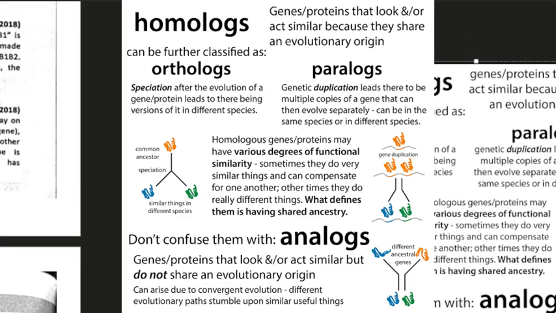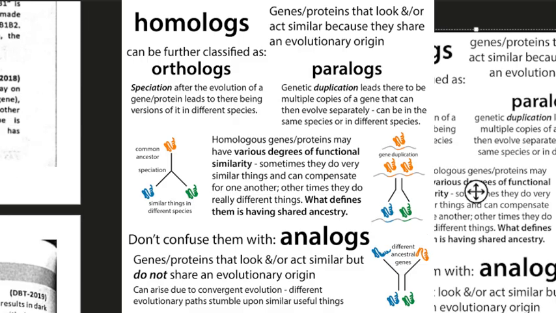See, homologs can be classified into three types: orthologs, paralogs, and analogs. So what is a homolog? A homolog is a gene or protein that looks or acts similar because of the same evolutionary origin.